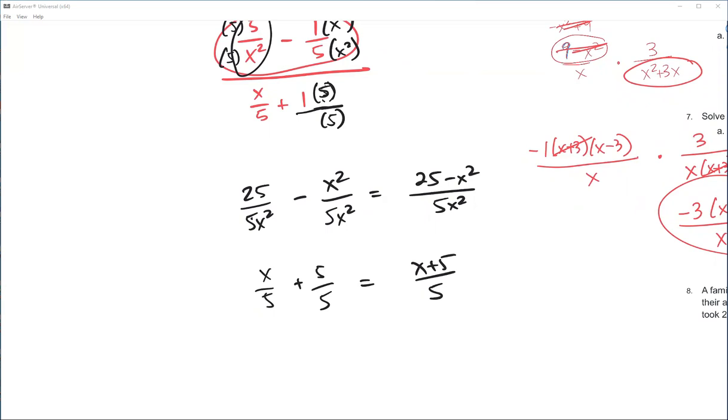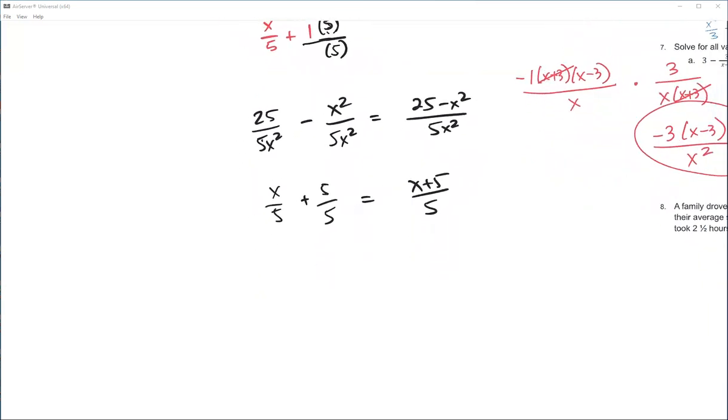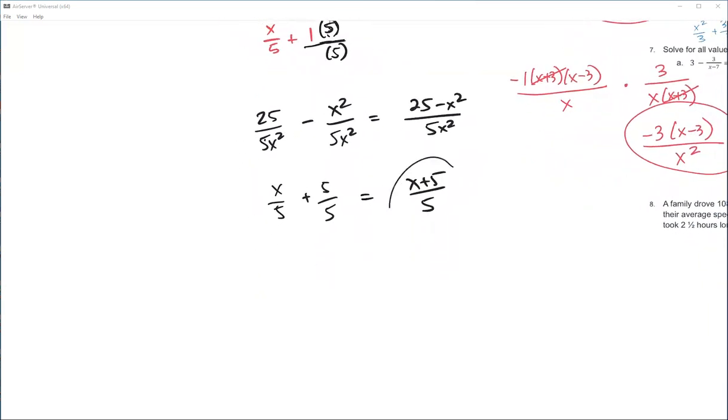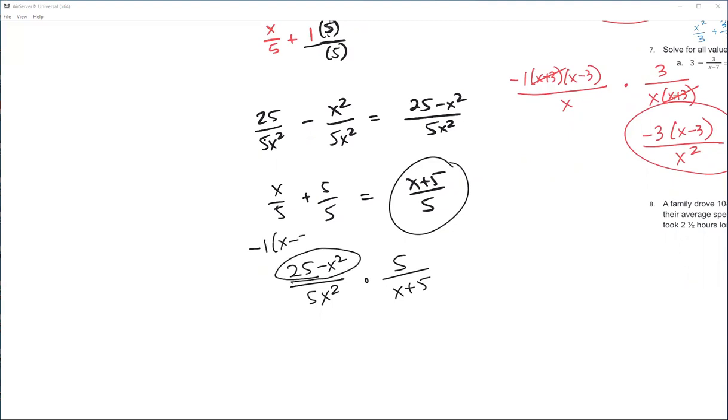After that, you divide them. When you divide, you flip over the second fraction. So it will be 25 minus x squared over 5x squared times 5 over x plus 5. Looking at this part right here, you'll realize that this is -1 times x minus 5, x plus 5.